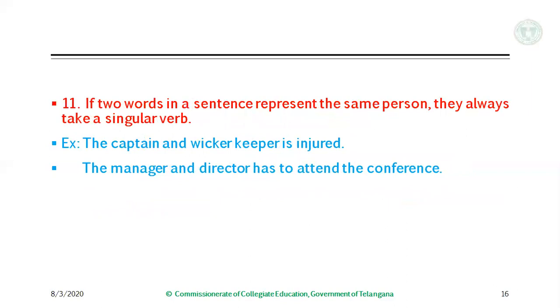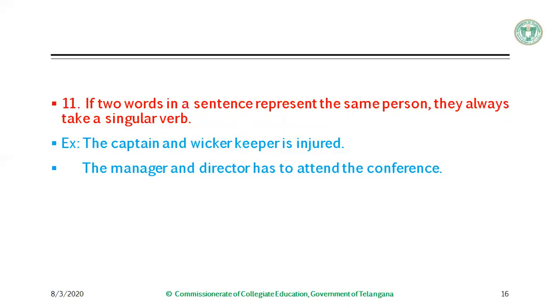If two words in a sentence represent the same person, they always take a singular verb. For example, the captain and wicketkeeper is injured. How many people are there? Only one person is there.